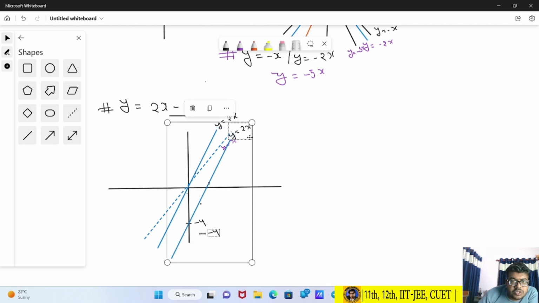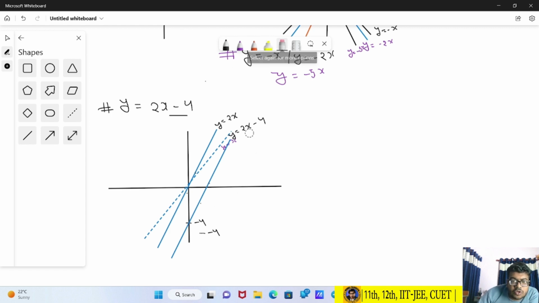So this is y is equal to 2x minus 4. 4 less means 4 down.